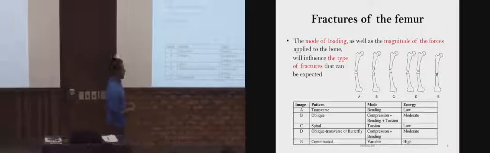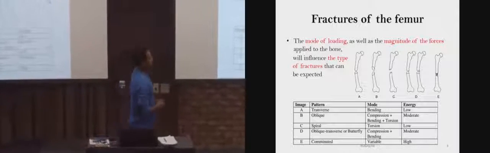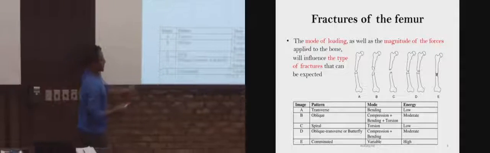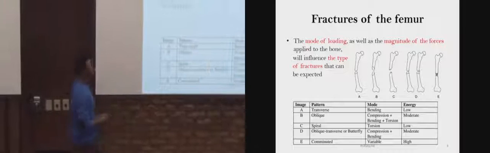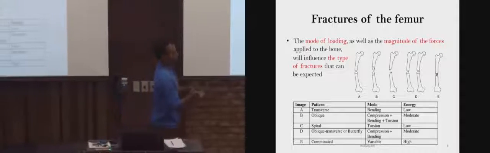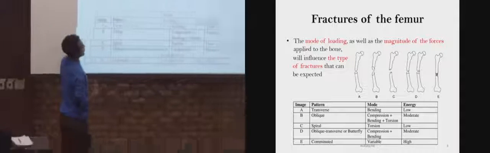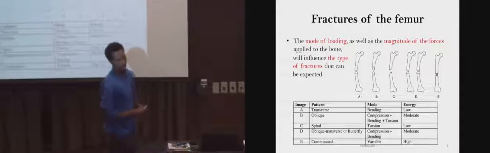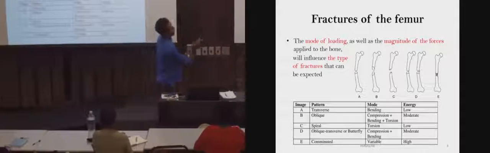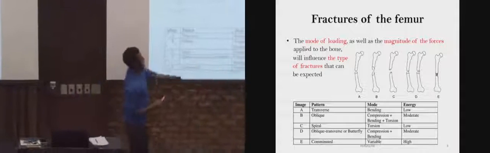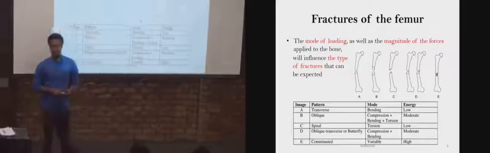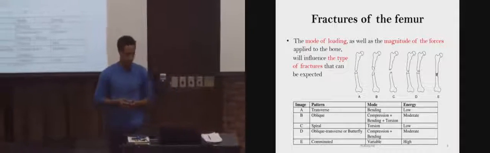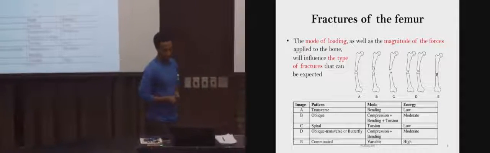And a combination of modes of loading with high energy may result in a comminuted kind of fracture. So the mode of loading and the magnitude of the force determine the kind of fracture. And the magnitude where the fracture occurs is called the ultimate tensile strength. That is the point of fracture, or the maximum point that the bone can't withstand.